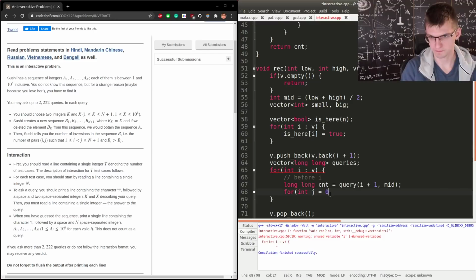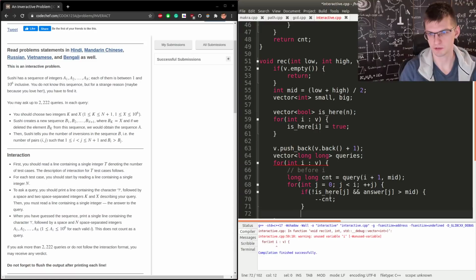For every j, from 0 to i, if not here, and answer of j is greater than mid, minus minus count.